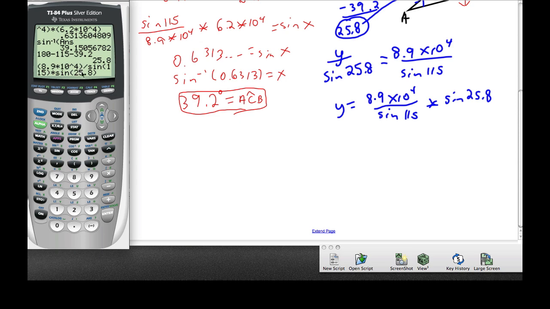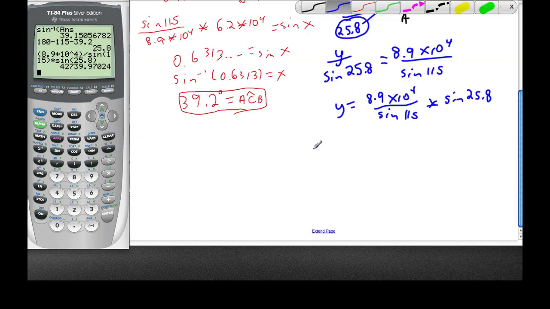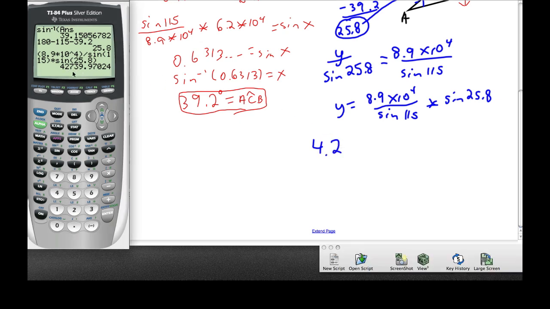Okay, check. This makes sense. Excellent. Wow, that's a big number. Now, remember that I want my answer in scientific notation to 3 significant figures. So I move this over 1, 2, 3, 4, and it's 4.27.